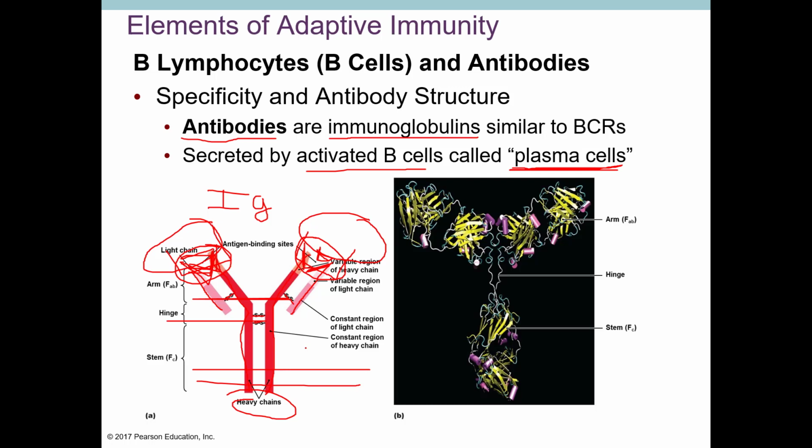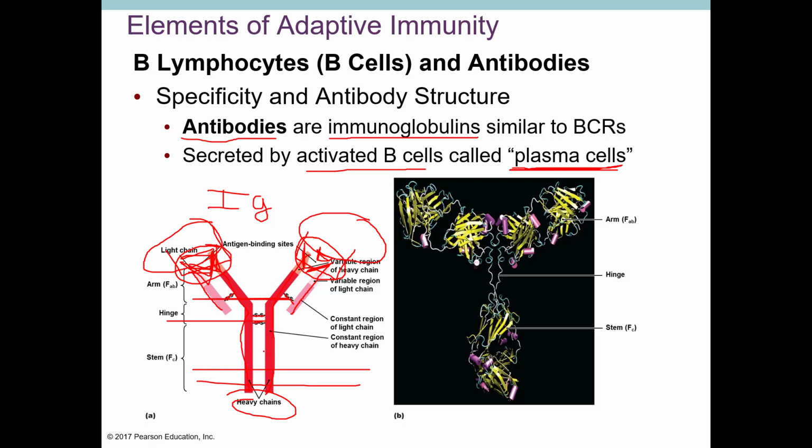Earlier I just showed one. In any case, each plasma cell secretes just one particular kind of antibody, but it's the one that has been selected through this process. So it's the correct antibody for the particular pathogen.